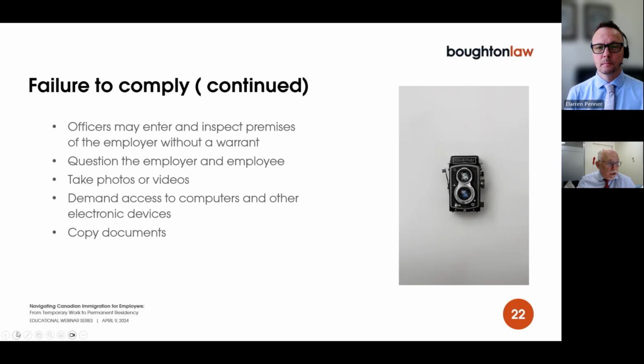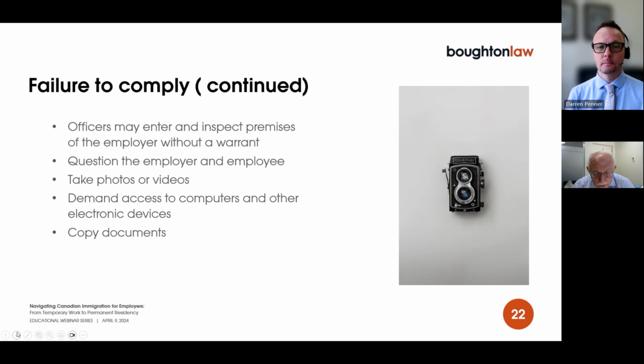This legislation, or portion of the legislation in the Immigration Act and regulations, also has some very draconian measures when it comes to suspicion by Service Canada or immigration that there's been some violation of these obligations.